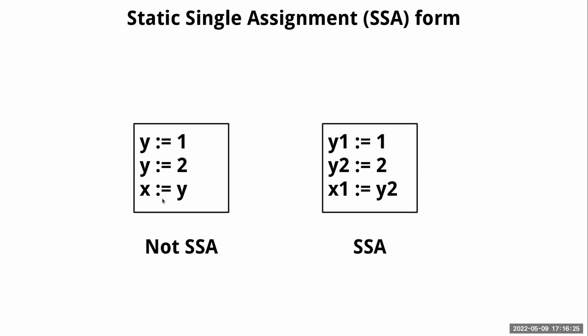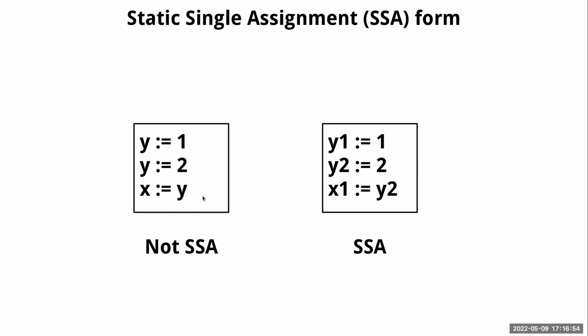Then x is assigned the value of y. In this case, this is like all of our high-level programming languages. The variable y was assigned a value twice, okay? Because of this, a lot of program analysis on this language will be very complicated. The algorithms get too complicated, and sometimes cannot get it right.